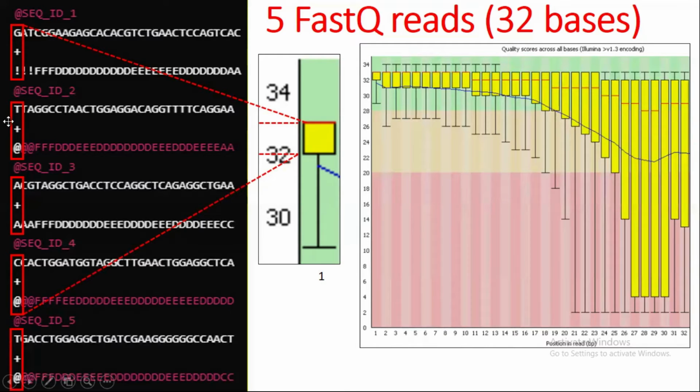For example, the quality of the first four sequence reads lies in this range, between 32 and 33, and the last one lies between 29 and 32. Overall the quality of my first base is almost good. It lies between 29 and 33, so it is present in the green region.